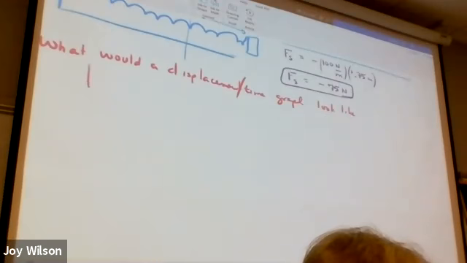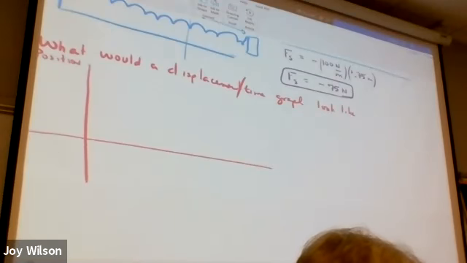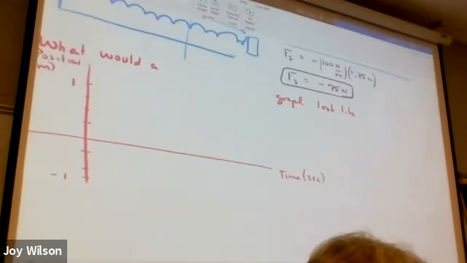Let's see, we'll go with position because that'll be easier to deal with. It looks like, I guess, a sine.